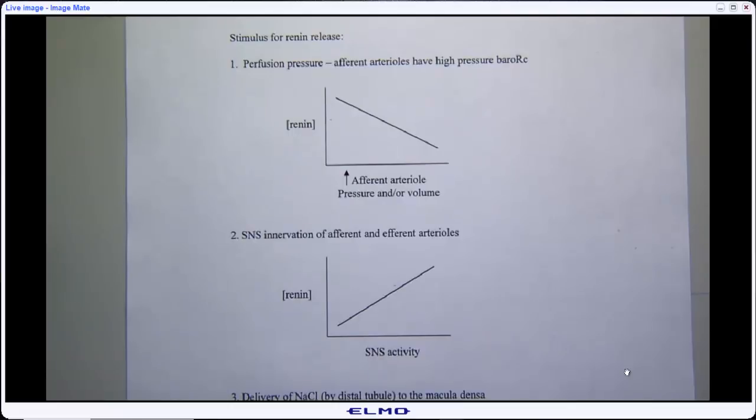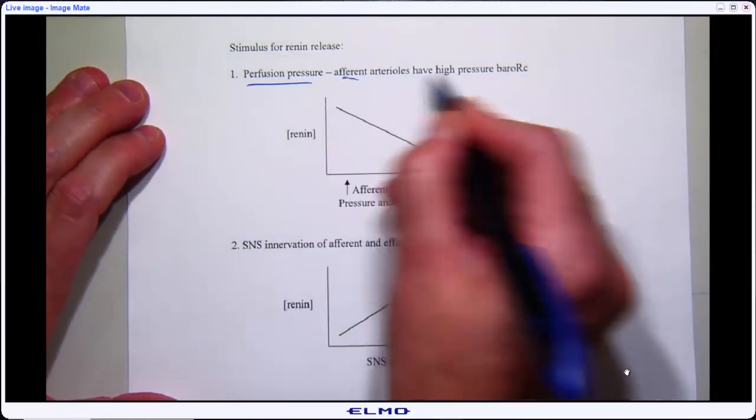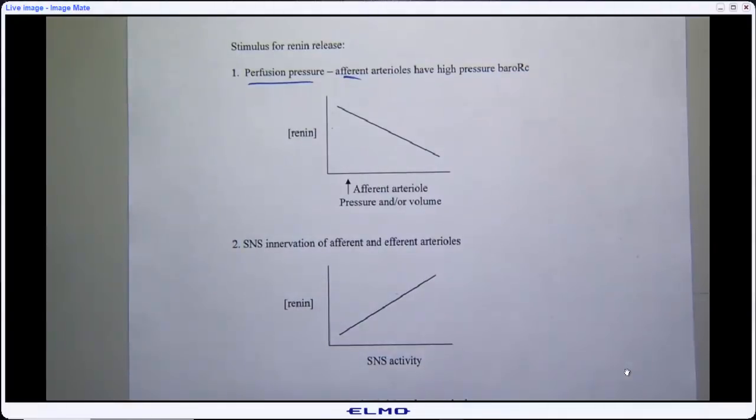So we do have some local effects of renin. Remember, renin was released from those cells at the level of the kidney. Okay? So, perfusion pressure of afferent arterioles. Afferent arterioles have high pressure baroreceptors too, just like the baroreceptors that we found at the level of the carotid artery and in the aorta, right?